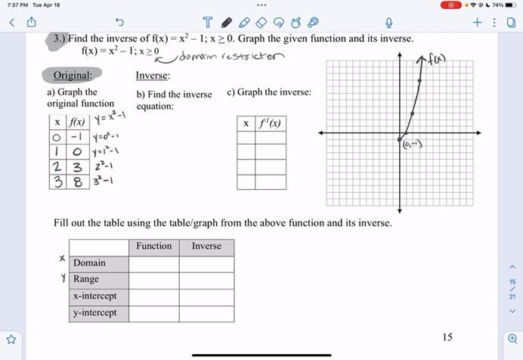So your domain is going to start at 0, because that is your x value, and then goes to positive infinity. Your range is the y value of that point and goes up, so negative 1 to positive infinity.